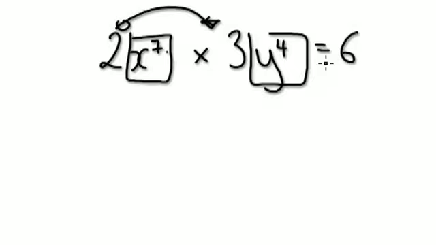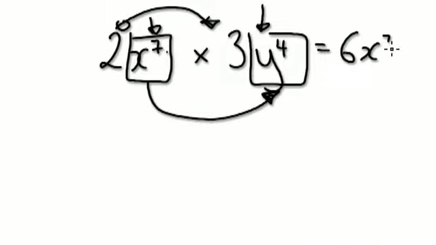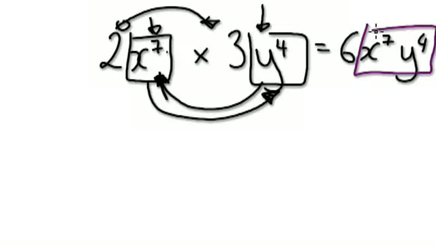So that will give you 6. Okay, 2 times 3 is 6. Now x to the, well, these two are going to merge together. I've got to merge all the x's on the left hand side with all the x's on the right hand side. But there's no x on the right hand side, so that stays as x to the power 7. And y, I've got to merge all the y's together, but on the left hand side there's no y, so we just leave it as this. So remember, this is our new entity.